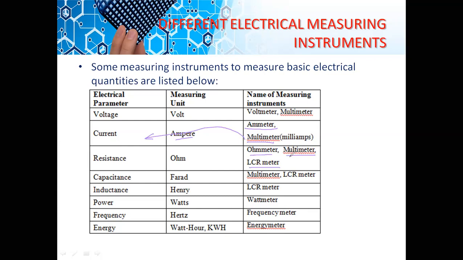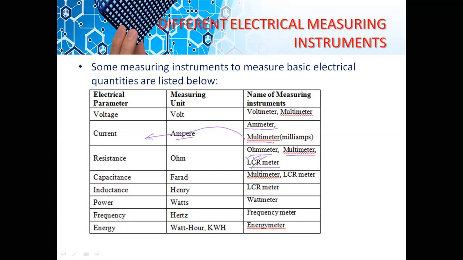Multimeter is a measuring instrument. It's a digital one. We can have analog multimeters also. It is used to measure different quantities using the same instrument, the same device. And LCR meter is also a single device which can be used to measure inductance, capacitance, and resistance.